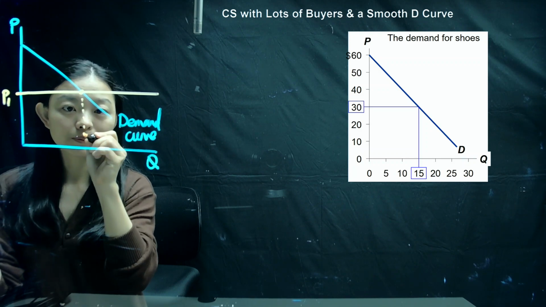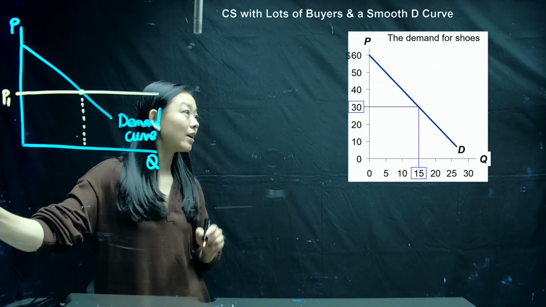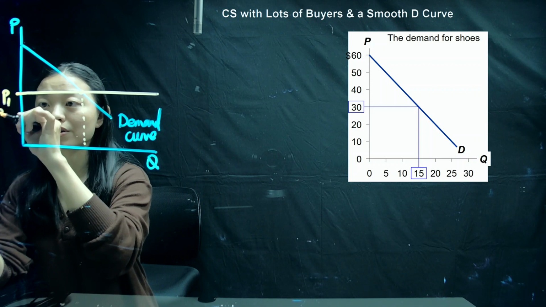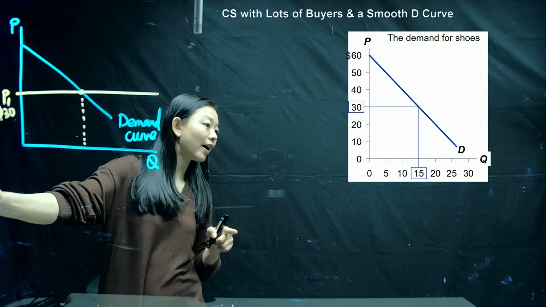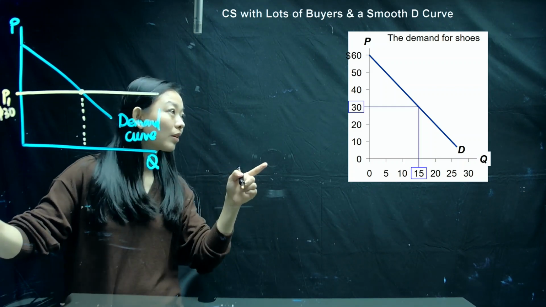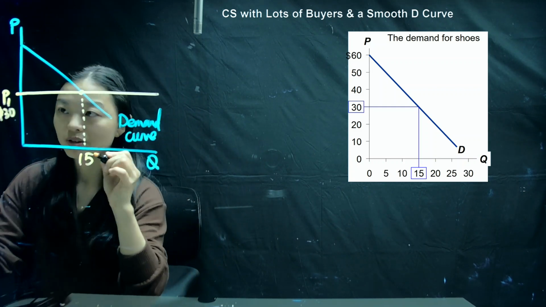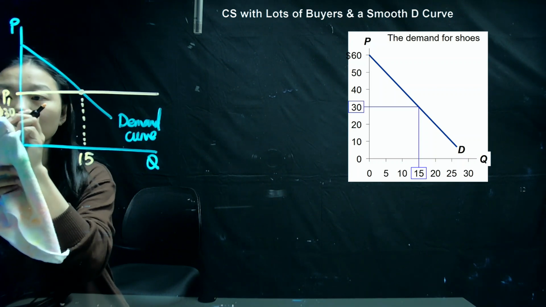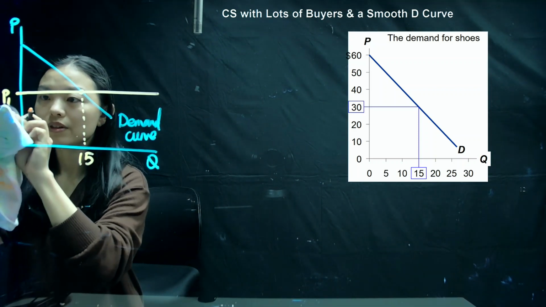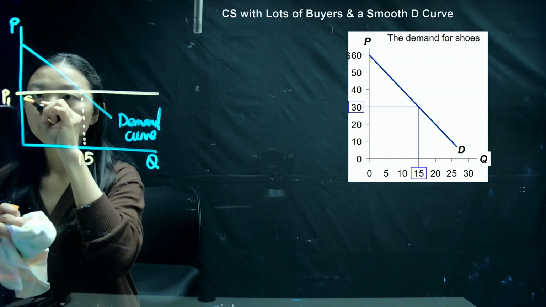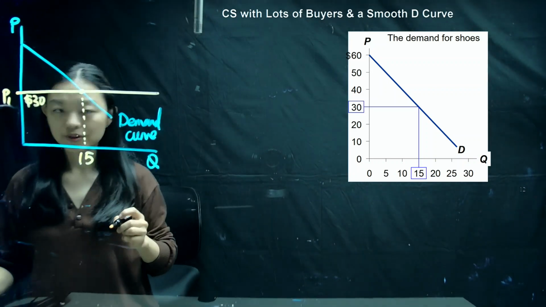From this one, if the market price equals $30 in this example, then we have the quantity equal to 15. I'll write down things here, $30, okay?